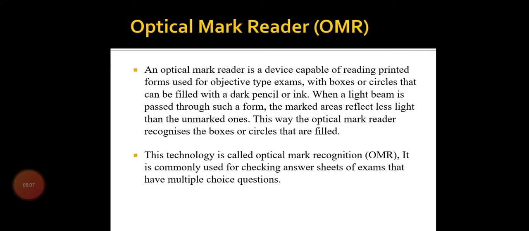An optical mark reader is a device capable of reading printed forms used for objective type exams, with boxes or circles that can be filled with a dark pencil or ink. When a light beam is passed through such a form, the marked areas reflect less light than the unmarked ones. This way, the optical mark reader recognizes the boxes and circles that are filled.